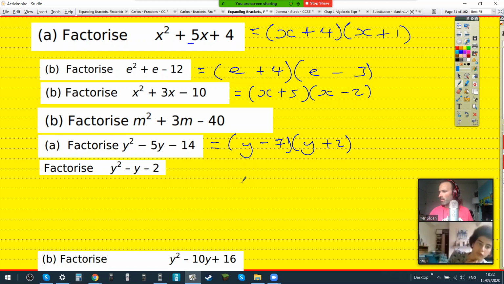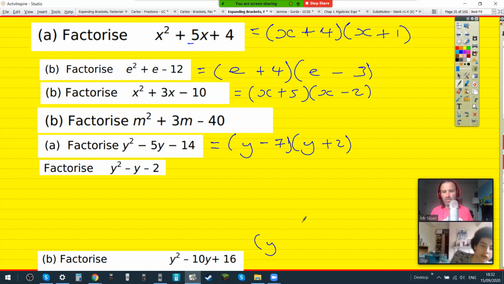y minus 2 and y minus 2 and y minus 1 or y plus 1. They definitely don't multiply to make 16.